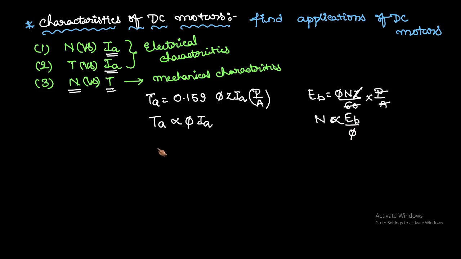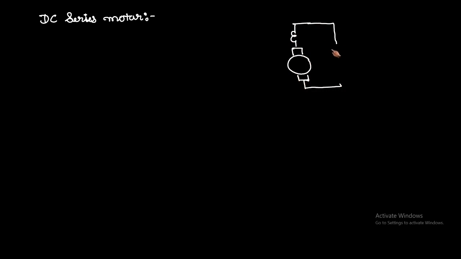Let us study the different types of characteristics of DC motors. First, we are going to study the DC series motor characteristics. In a DC series motor, as we have already seen, the field winding is connected in series with the armature. V is the supply voltage, IL, ISE and IA are all equal here, and this is the back EMF.